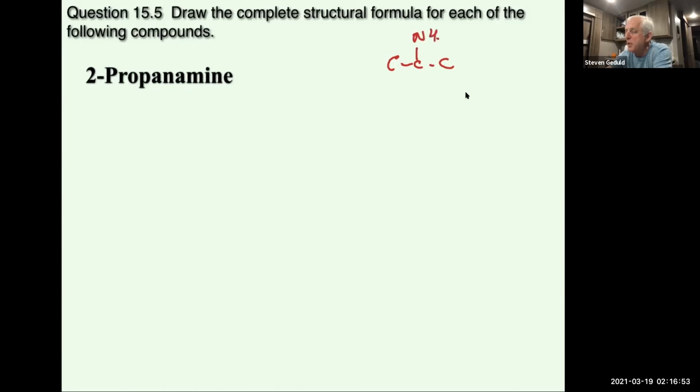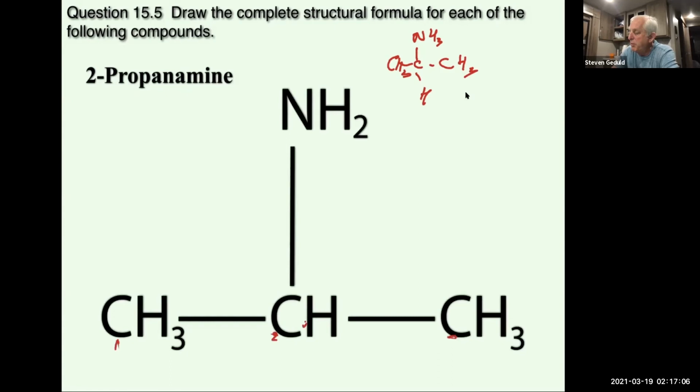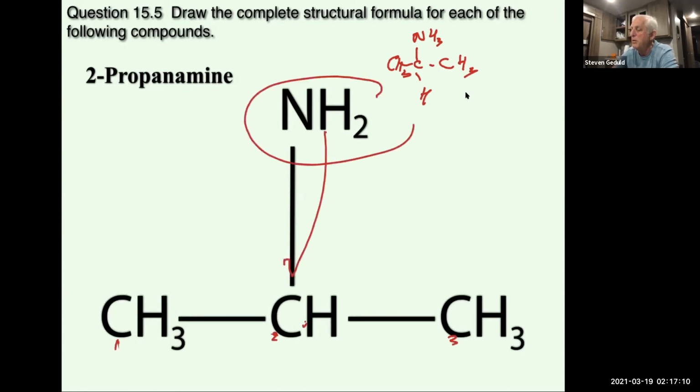So CH3, CH, CH3. 2-propanamine. Okay, this is 1, 2, 3. Propane is your longest carbon chain. Your amine group is attached to the number 2 carbon. Okay, the common name, if you want to do the common name, would be 2-propyl amine. Just name the substituent.